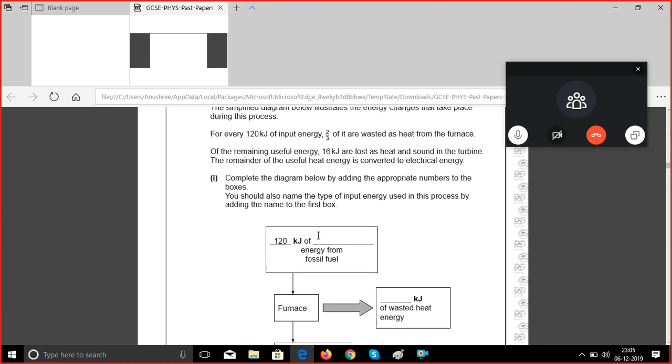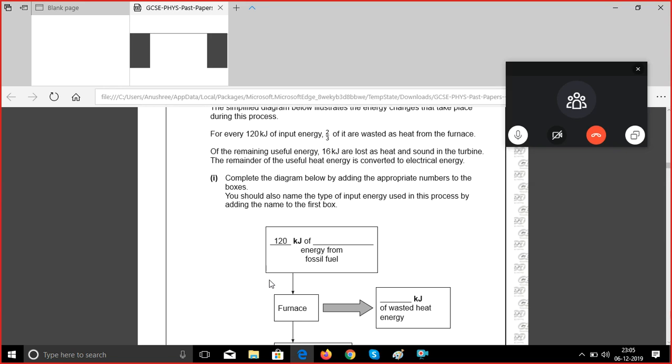Whereas for every 120 kilojoules of input energy, two-thirds of it are wasted as heat from the furnace. So calculate two-thirds of 120. That's the lost energy in the furnace. Okay, so two-thirds of 120 is 80. Yes, so it's 80.